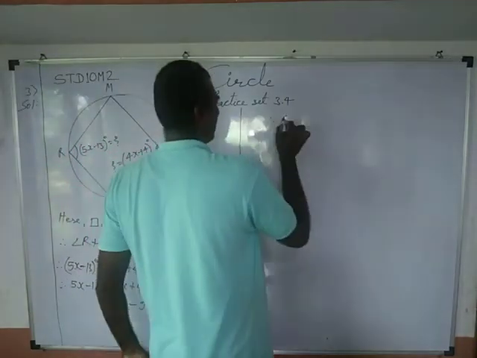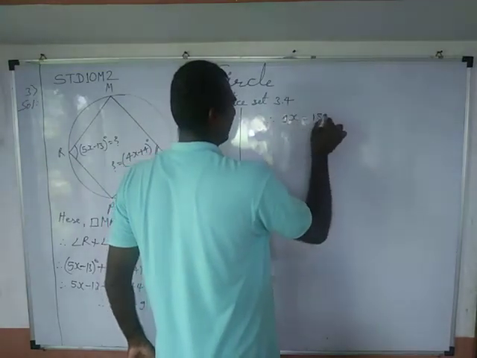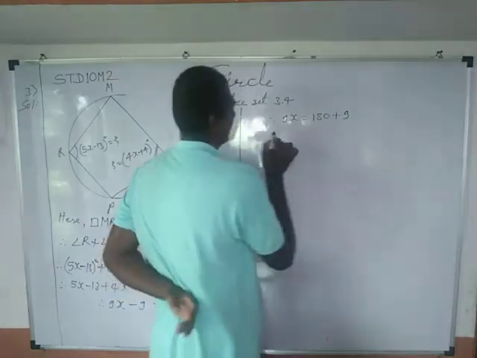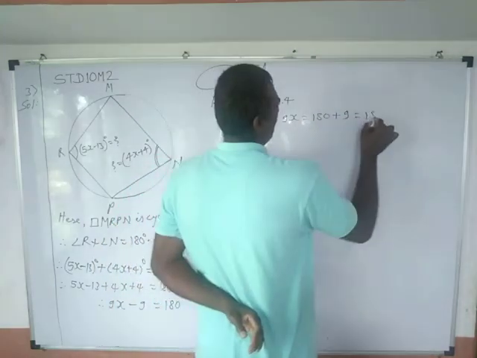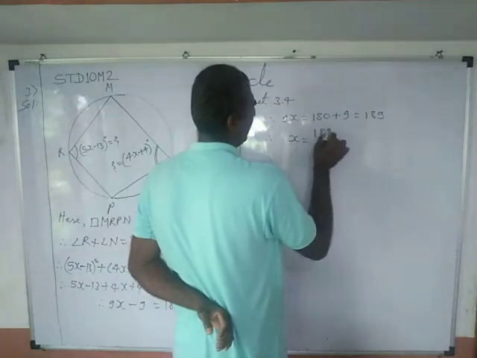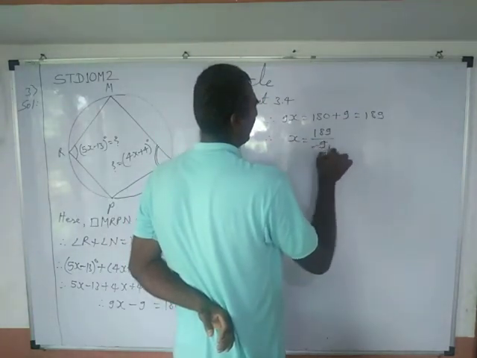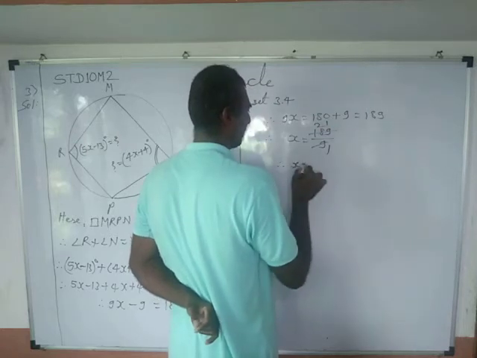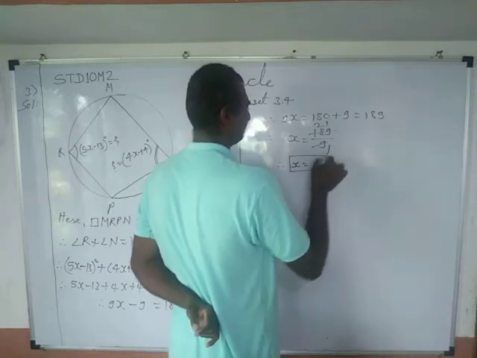And therefore 9x equals 180 plus 9, that equals 189, and therefore x equals 189 upon 9, and therefore x equals 21.